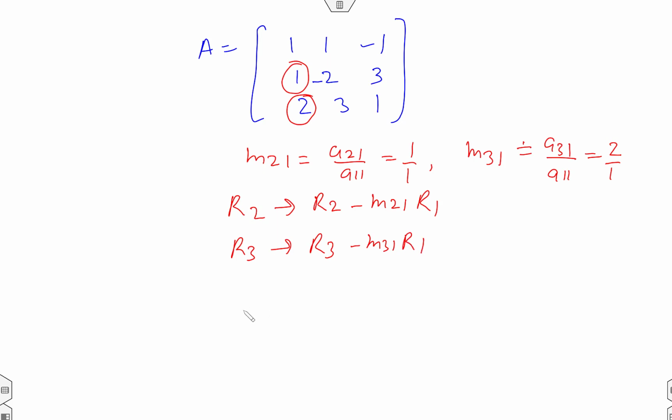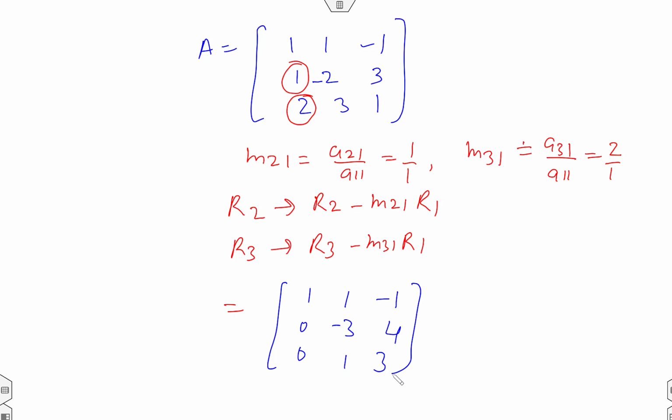So what are you getting? You are getting 1 1 minus 1 in the first row. The first row will remain the same and the change will occur in the second row and third row. So the next elements come out to be 0 minus 3 4 and 0 1 3.